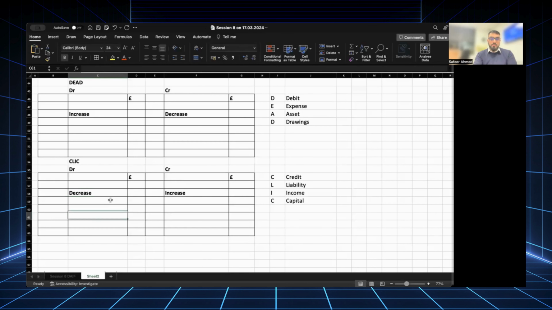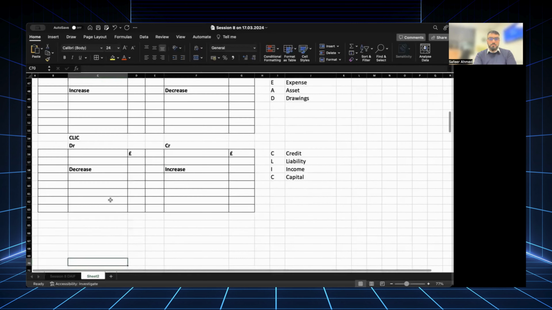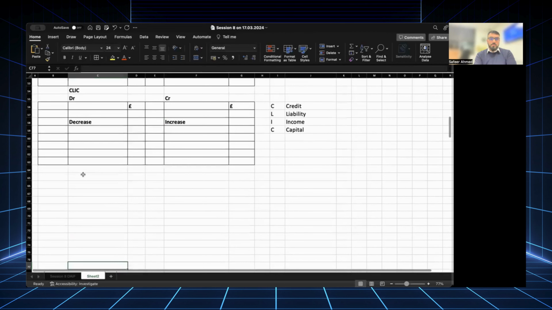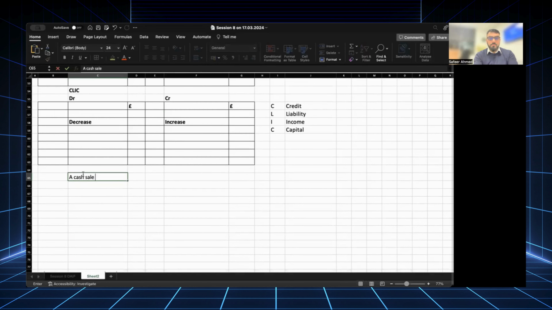So if we take a couple of examples here, let's suppose that a cash sale is made of, let's suppose, £1,000. And remember that something will be debit and something will be credit.